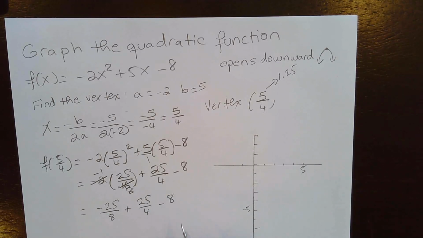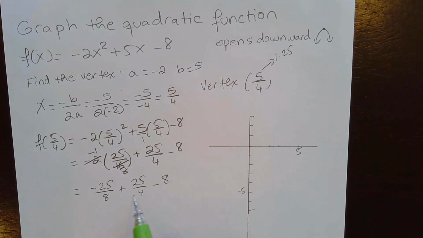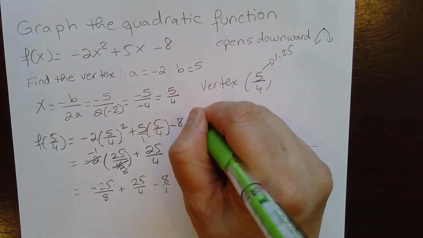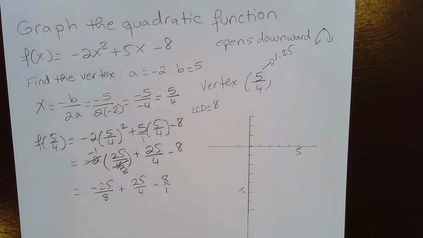Now, in order for us to add and subtract here, we need to have the same denominator, and we do not. This 8 is simply 8 over 1. So we need to find the LCD. The LCD of 8, 4, and 1 is 8. So we need all the denominators to be 8. This one is already 8, so there's nothing to change.